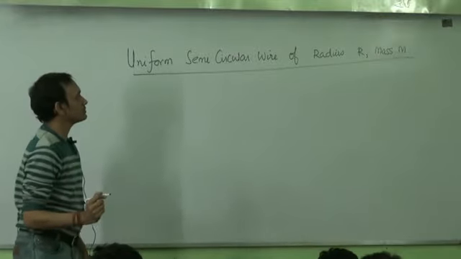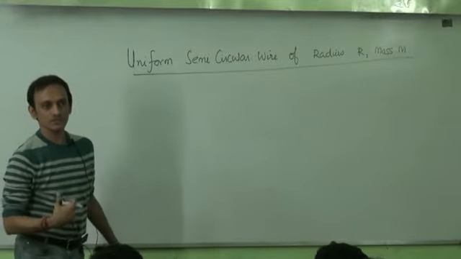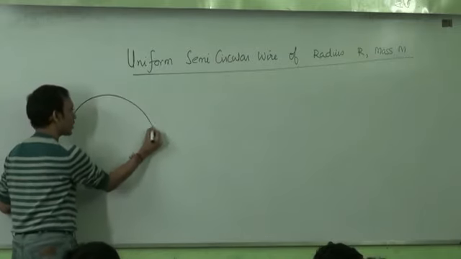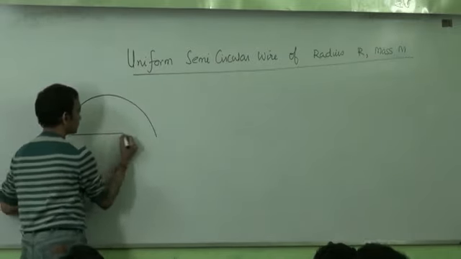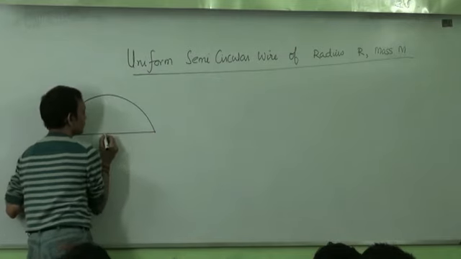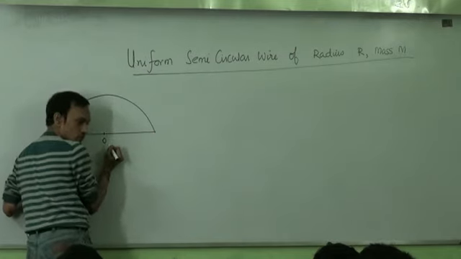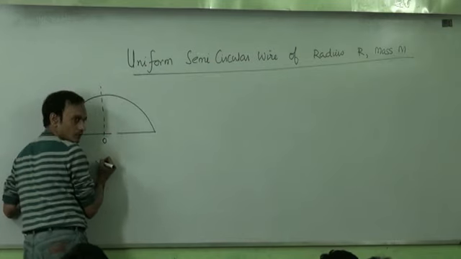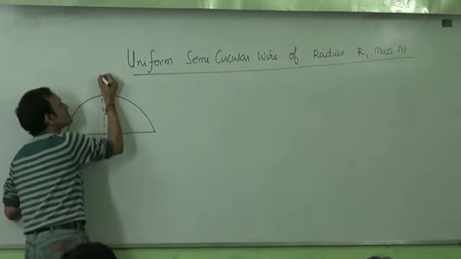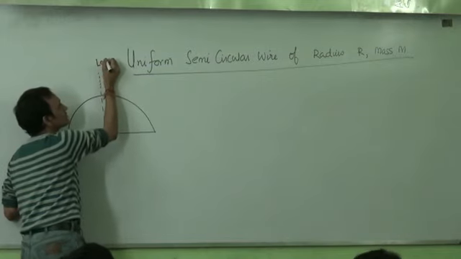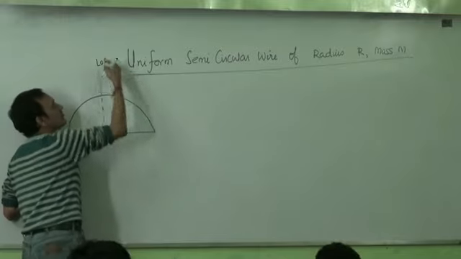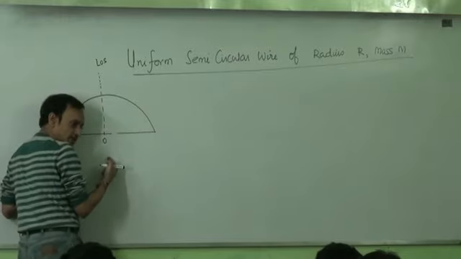We'll attempt to find the center of mass for such an entity. This is a wire whose geometrical center is O, and obviously this is the line of symmetry, isn't it? For a uniform semicircular wire, this is the line of symmetry.